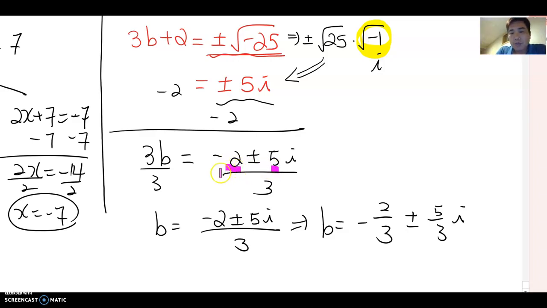Because this 2 is a real number term, and 5i is an imaginary number. So they are not the same number form. Therefore, we have to leave it in complex number form, which is a plus bi form.